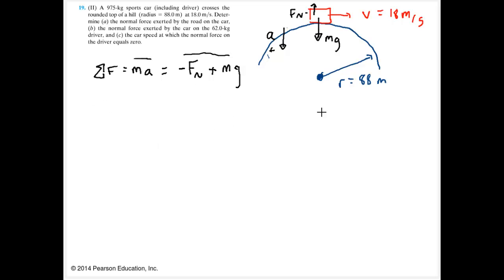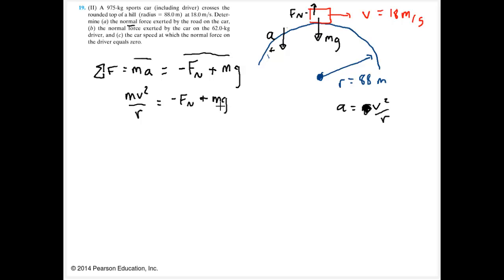Acceleration is again going to be centripetal, so acceleration is going to be velocity squared divided by the radius. So over here I'm going to have mass times velocity squared divided by the radius is equal to mass times gravity minus the normal force.